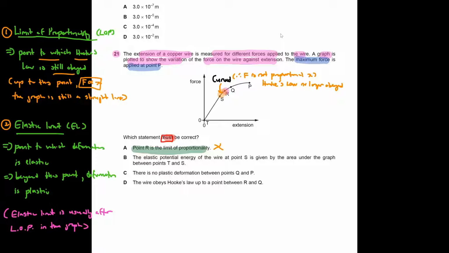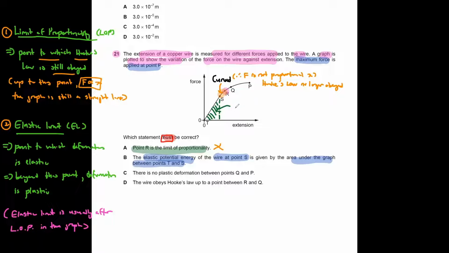And then you look at B, the elastic potential energy of the wire at point S is given by the area under the graph between points T and S. So basically they say that at point S, the elastic potential energy is actually given by this.